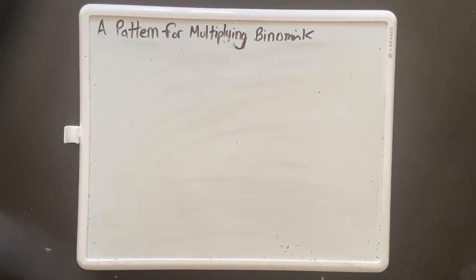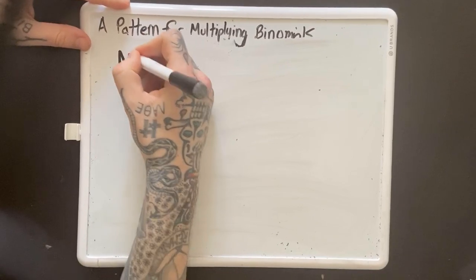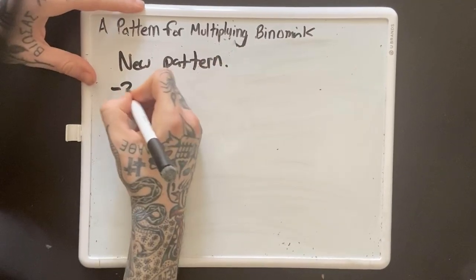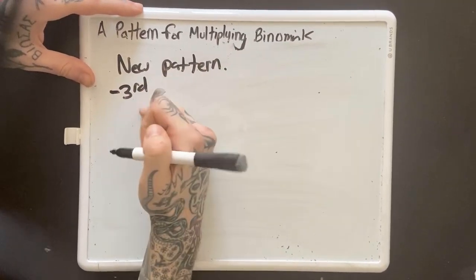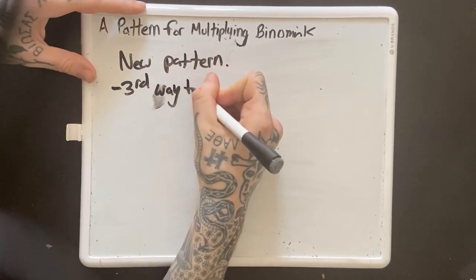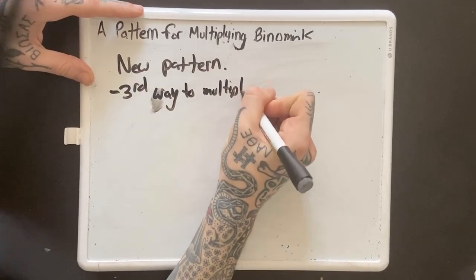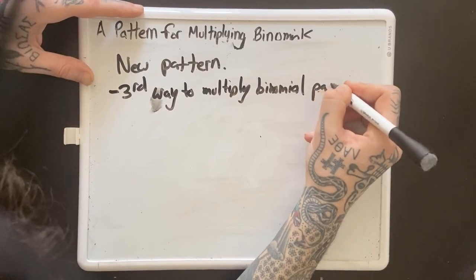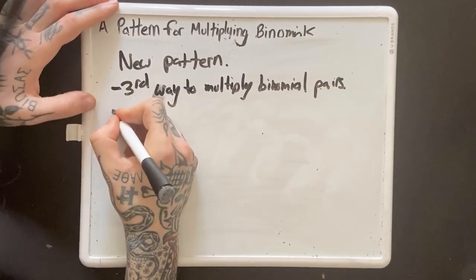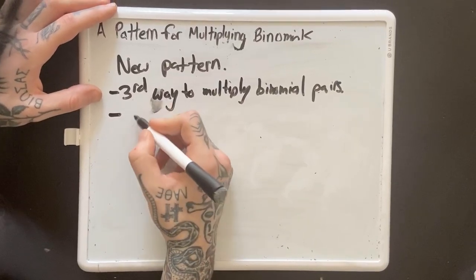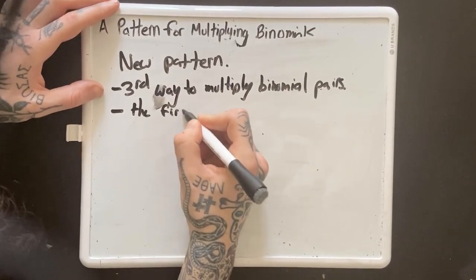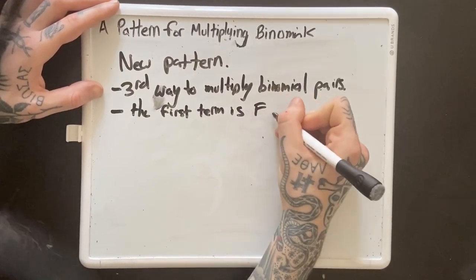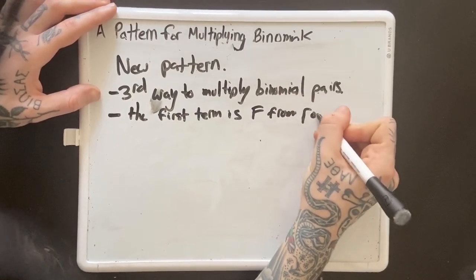So, the new pattern is a third way to multiply binomial pairs. The first term is the F from FOIL.